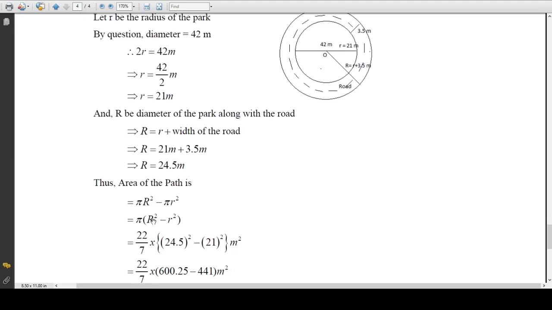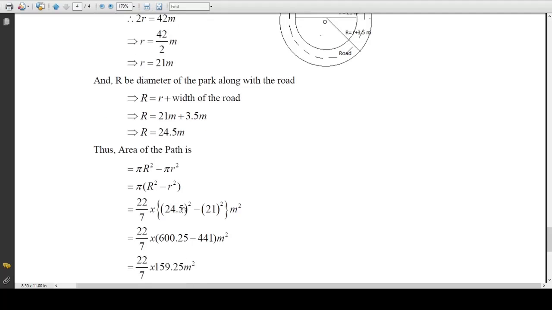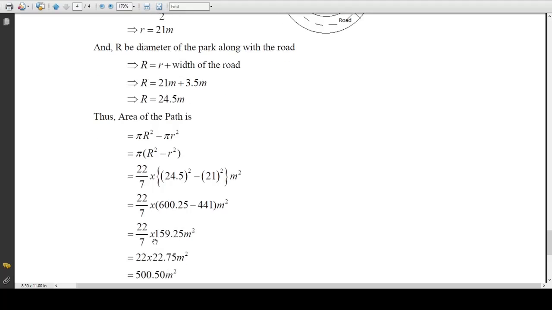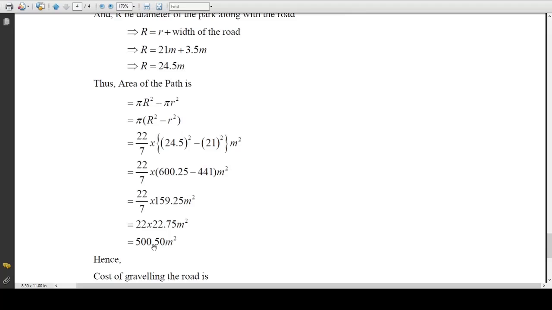Substitute the value of R capital and r small: 24.5 square minus 21 square. 24.5 on squaring, you will get 600.25. 21 square is 441. Find out the difference, you will get 159.25. Cancelling this 7 and 159.25, you will get 22.75. And lastly, on multiplying with 22, you will get 500.50 meter square.